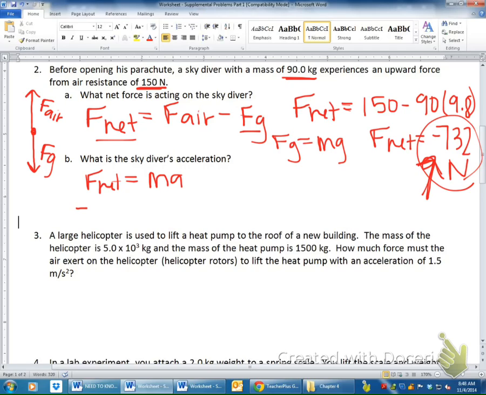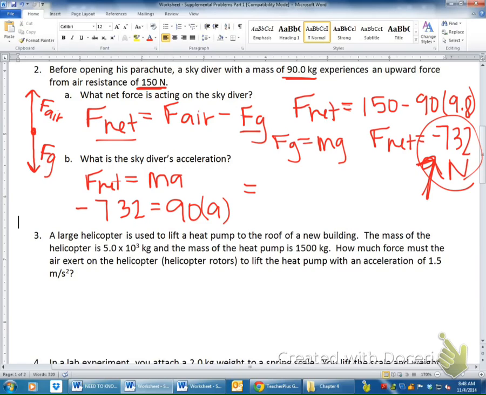We know that our F net equals negative 732, and we know our mass. All we're going to do is solve for acceleration. Take our negative 732 divided by 90. And what do we get?